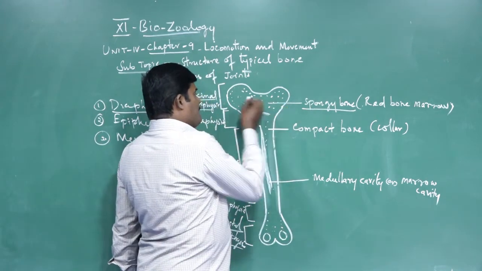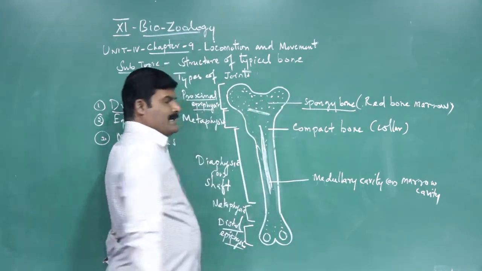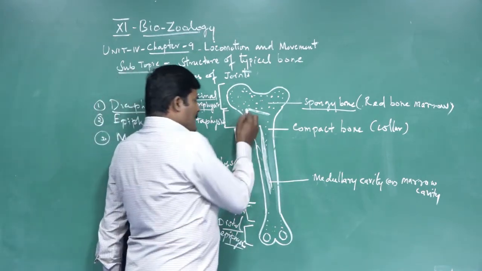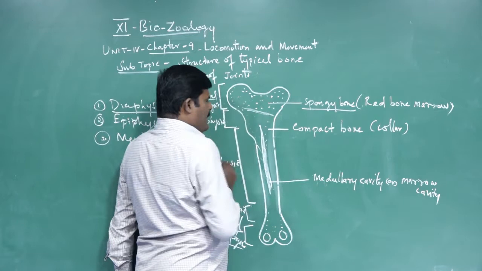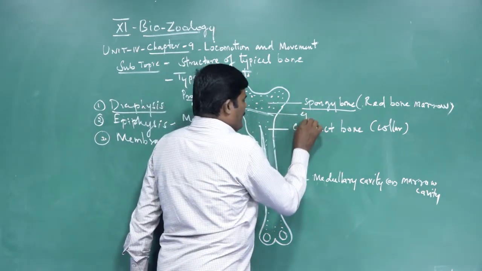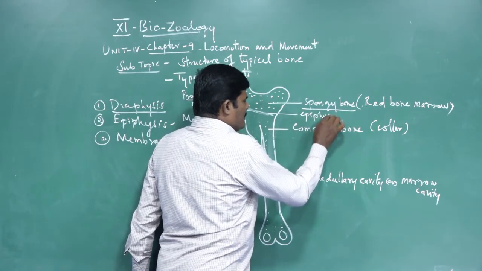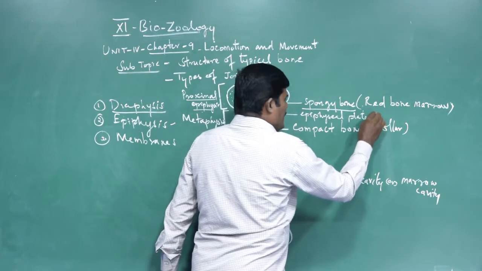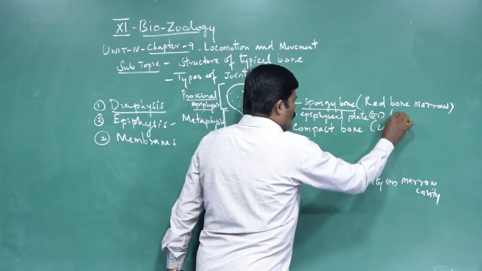The spongy bone is present in the interior of the epiphysis. There is a place below the epiphysis and above the diaphysis. This is called the epiphyseal plates. Epiphyseal plate is otherwise called growth plates.